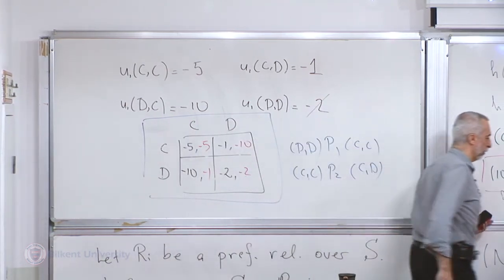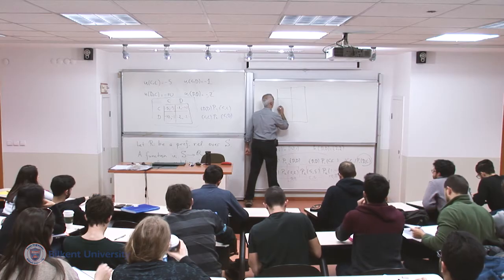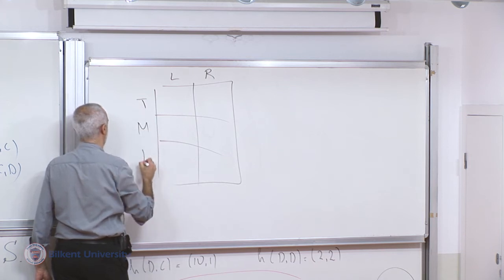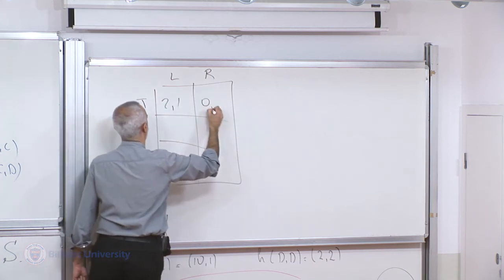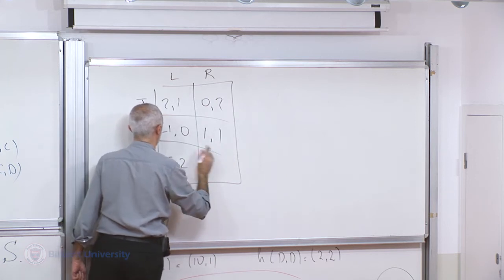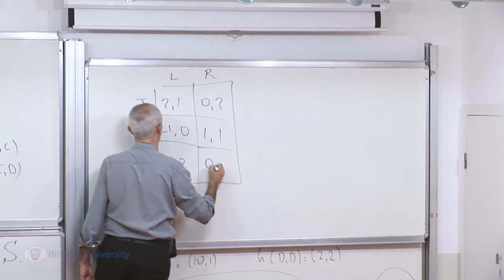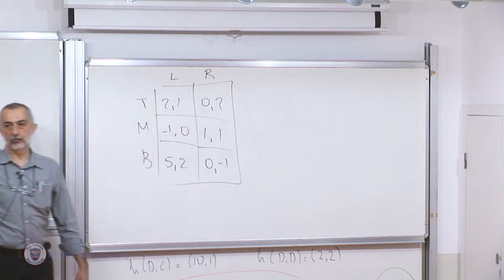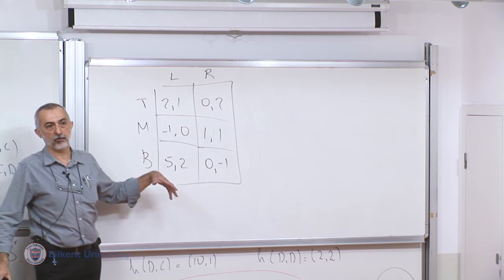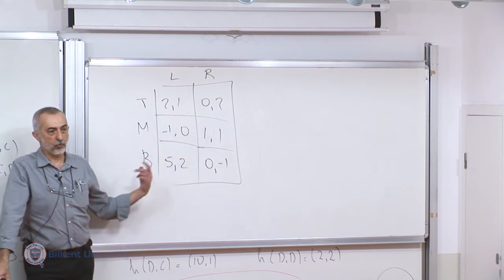So this tabular representation. If I say that this is a tabular representation of a strategic form game, what would you understand from this?